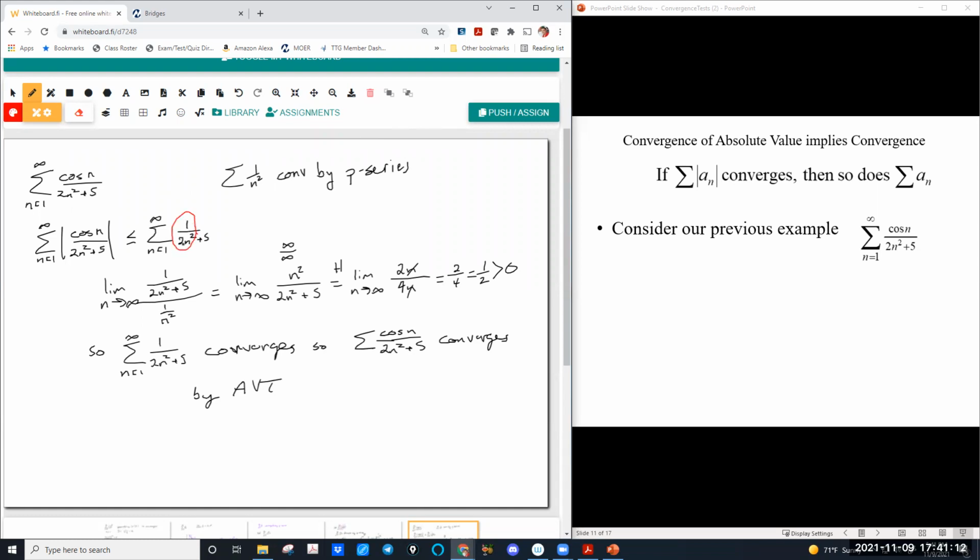I'm looking at the lead terms of the top and the bottom to decide what p-series to compare it to. The 2 I don't worry about too much. We could compare that to 1/2 times 1 over n squared, but 1 over n squared is going to do the job. That number is not going to make a difference in the convergence or divergence.